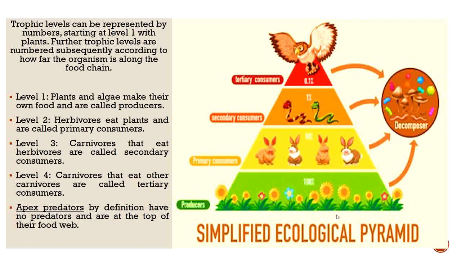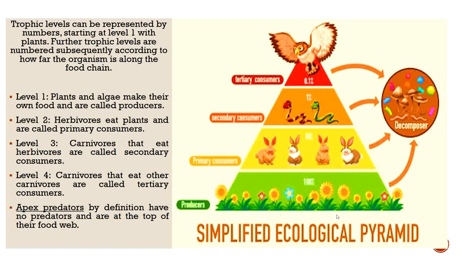Not everything will be gotten by the primary consumers or the consumers, only just 10%. And the same goes with the other levels as they eat the other levels. They just get 10%. That's why the very top gets the fewest.